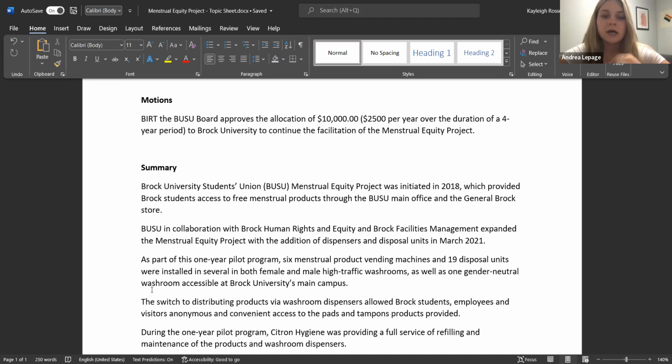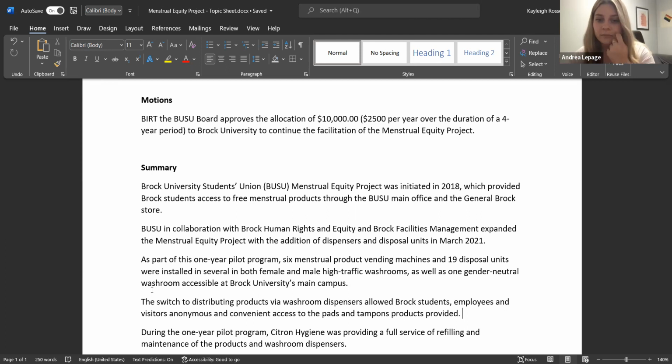From there, BUSU collaborated with different services at Brock, and we tried to put the menstrual products in the bathrooms to make them more accessible. We did that for about a year, and after that pilot program finished, it was successful, and so the vending machines got dispersed all across campus in different bathrooms.